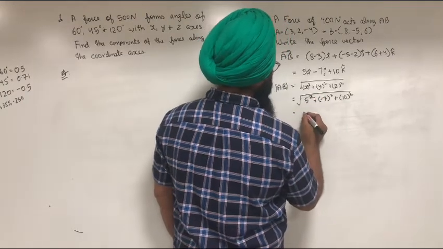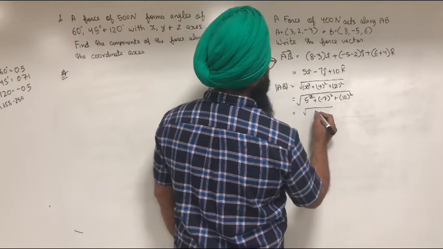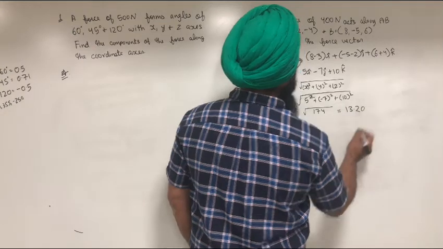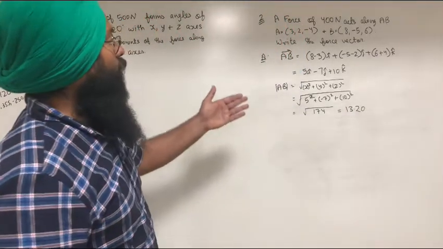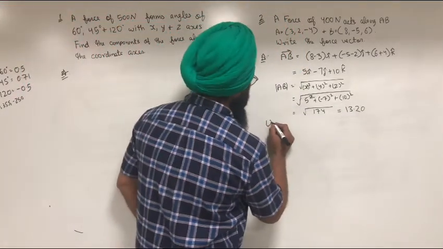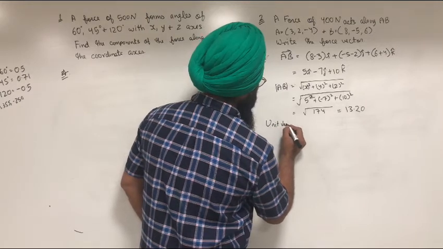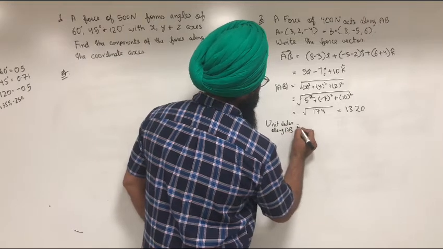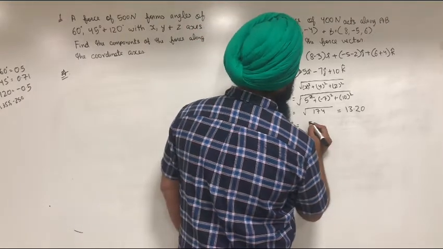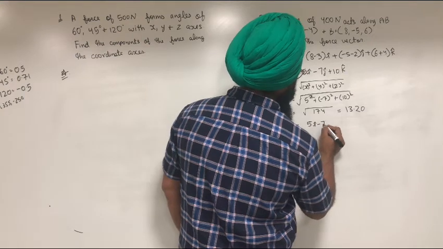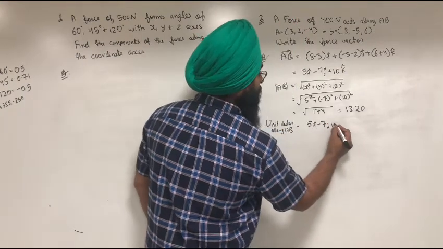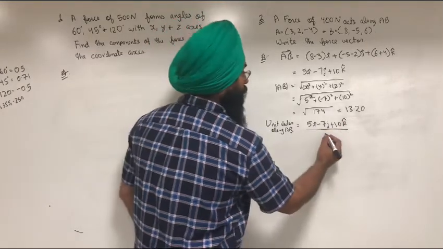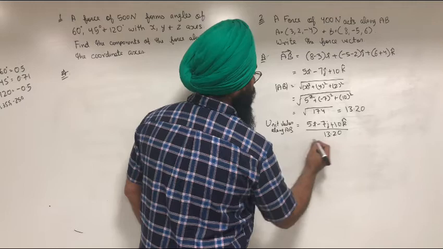So we will get this as the square root of 174, which is equal to 13.20. Now once we have got the magnitude of AB and we know AB, the unit vector along AB will be equal to 5i minus 7j plus 10k divided by the magnitude, that is 13.20.